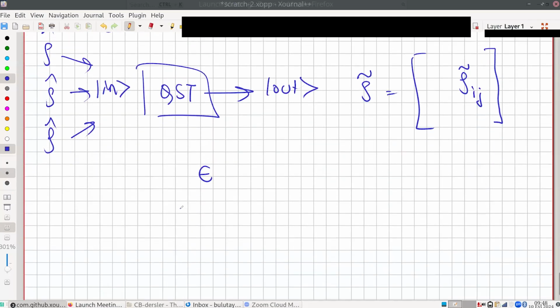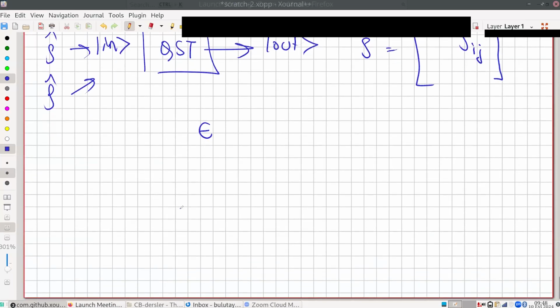But as I said, experimental people do tomography when it is really heavily needed. In the lecture notes, I have an example for mixed state tomography and pure state tomography.